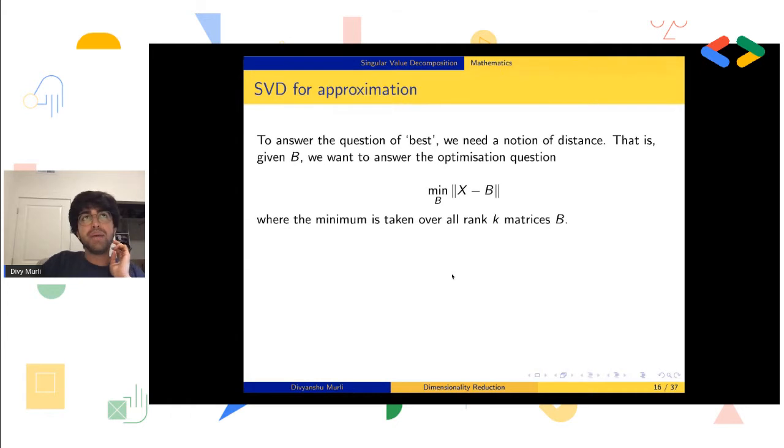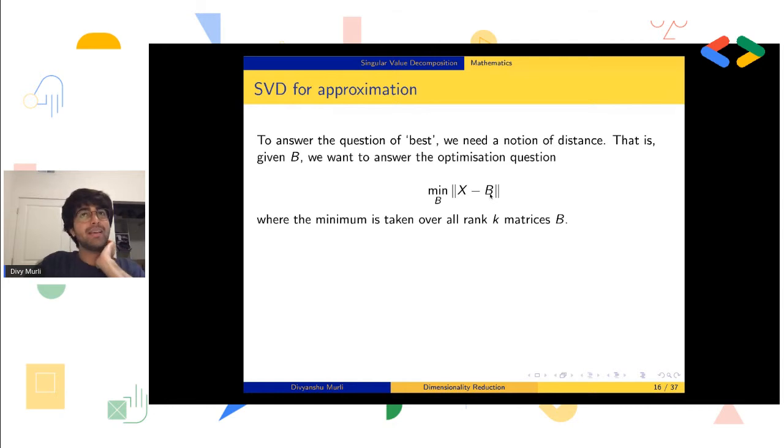To define best, you need some notion of distance. So I could take my original matrix X, and B, which is the approximation, and take the set of all rank k m by n matrices.